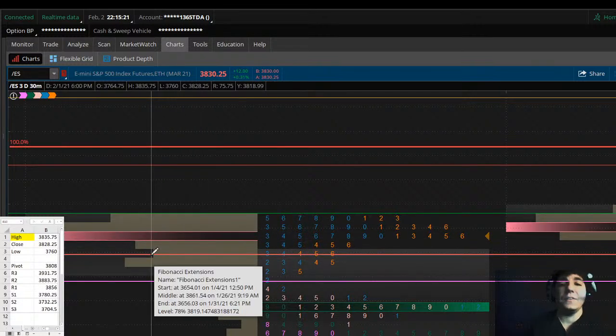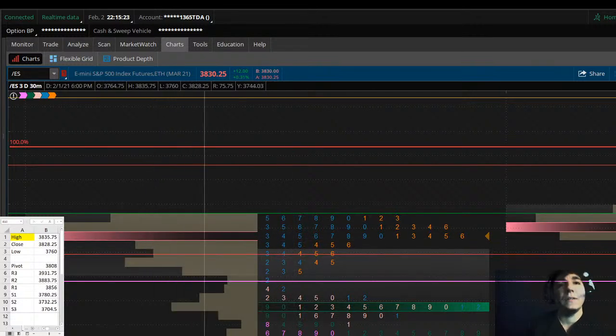Or that session, excuse me, for this session, which was today. And this pink bar right here is where the most volume traded. And then on this side, this is where we spent 70% of the time right here. So this shaded area is 70% of the time. And this is where the most time was spent right here on this green bar.